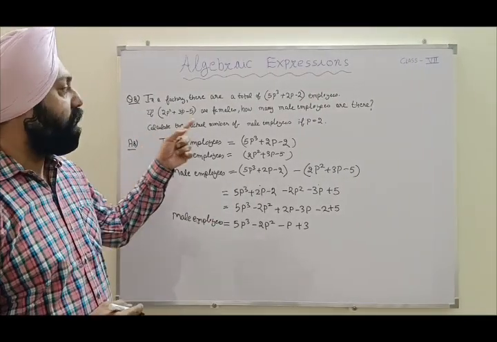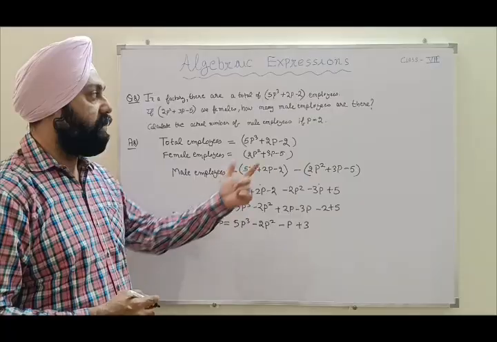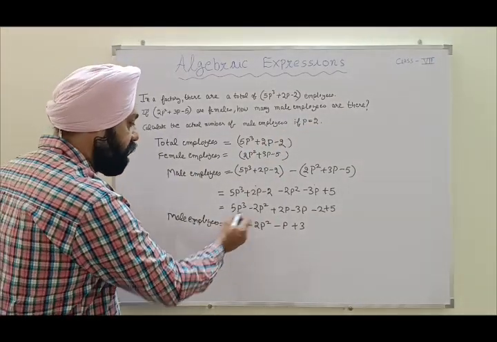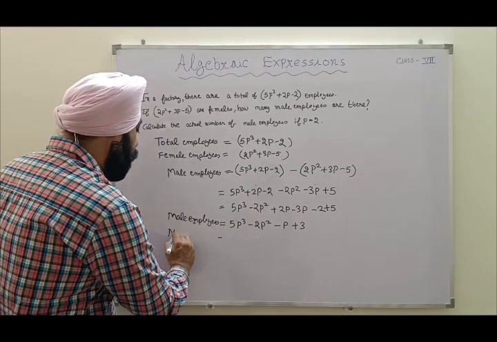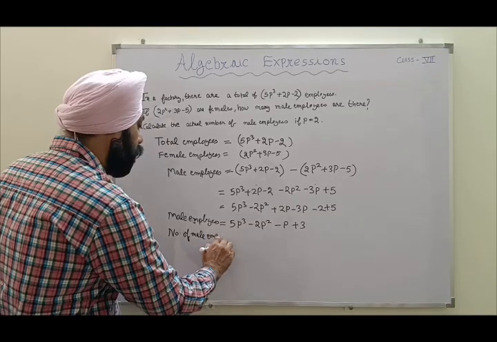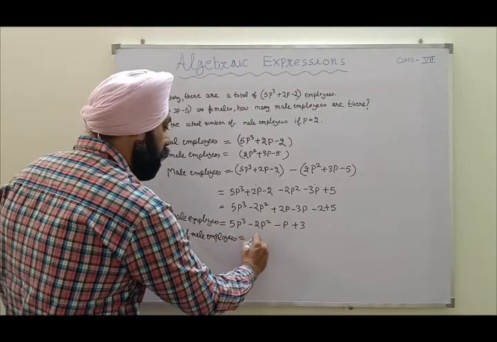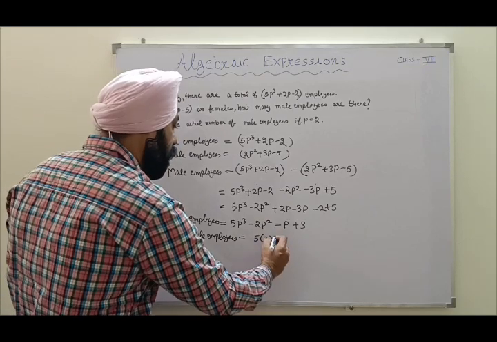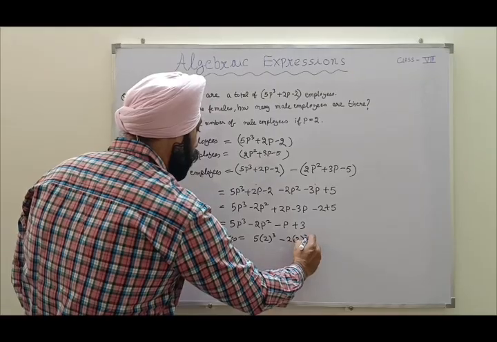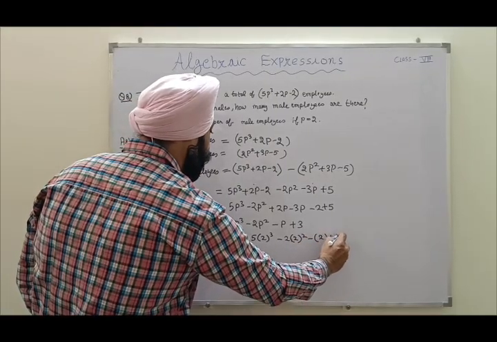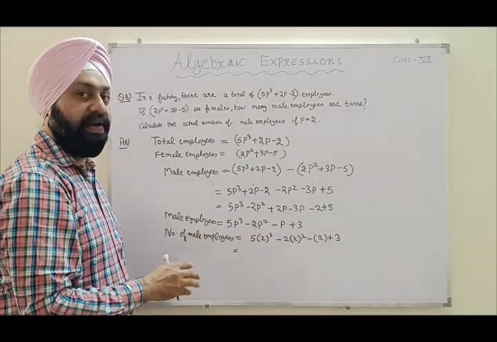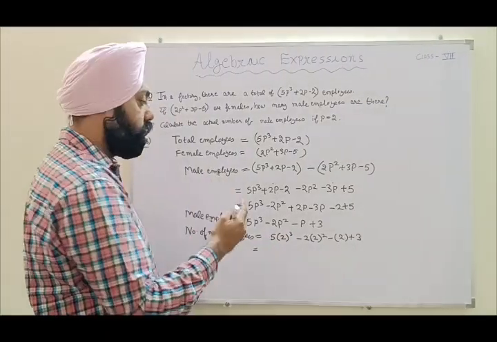Now the second part is to calculate the actual number of male employees in numbers if the value of p is 2. So just put the value of p, that is 2, in this expression. The number of male employees is 5 in place of p, just put 2. So 2 raised to the power 3 means 2 gets multiplied by itself 3 times. 2 into 2 into 2 will give 8.